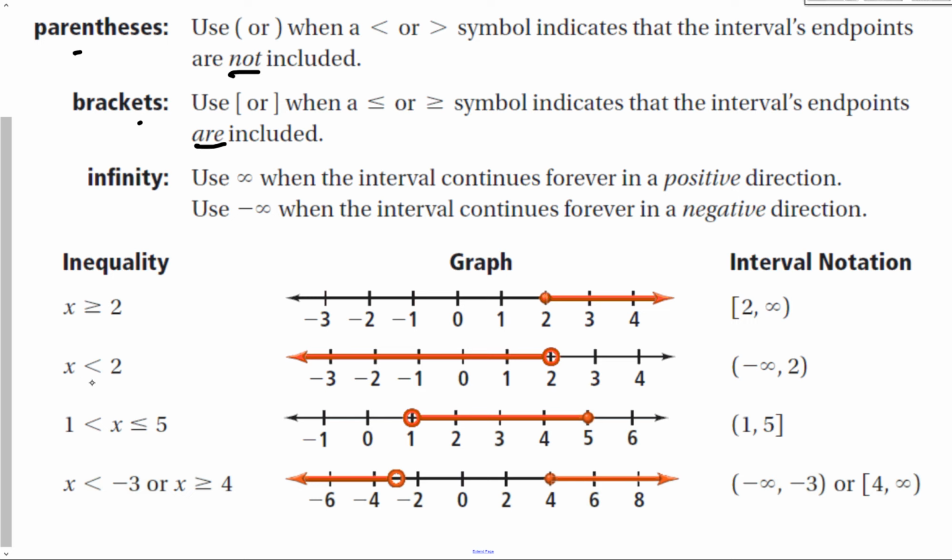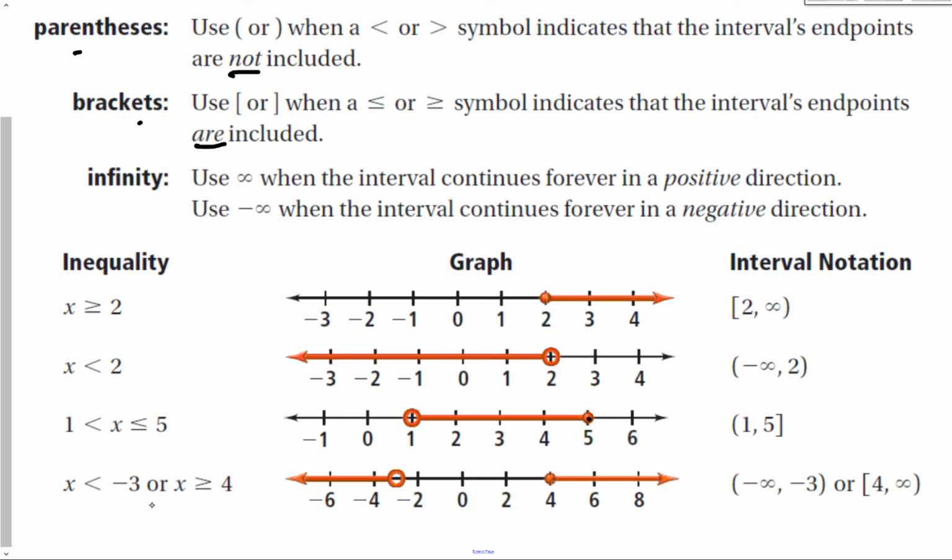So if we're going to say x is less than 2, now everything gets parentheses. So we use parentheses, negative infinity, comma, +2. Our interval notation is always going to go left to right. We're always going to start at the smaller number, comma, the bigger number, always. Okay? So if x is in between 1 and 5, we would use a bracket 1, comma, 5 with a bracket because of the dot and the open circle.